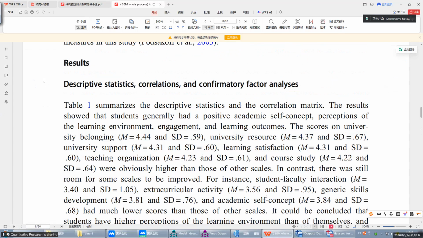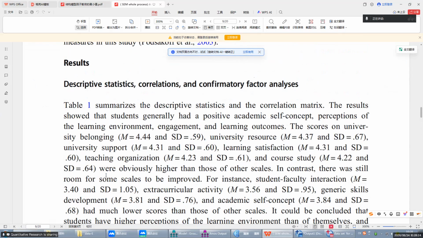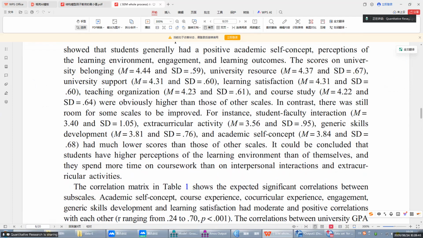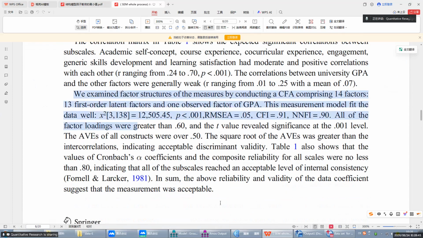This is the result. And the first part, descriptive, correlation, and confirmatory factor analysis. Confirmatory factor analysis is what we are talking about right now, right? Yeah, so now let's take a look. Okay, this is about CFA. Okay, read this part, try to understand.